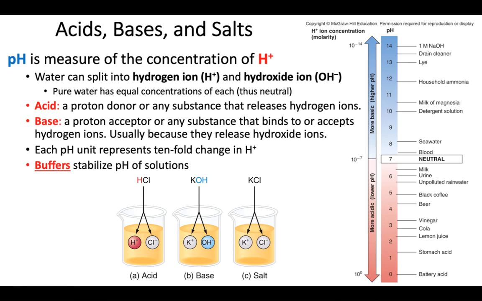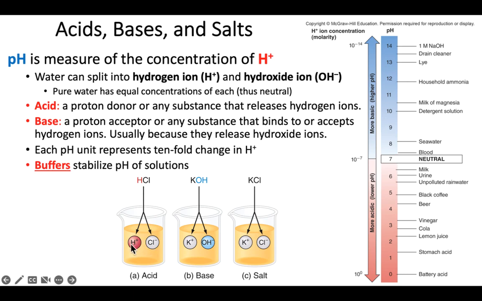All right. Now, what makes you an acid then? If you're an acid, you're a molecule that donates a proton or hydrogen ion into the solution. All right, so notice HCl, that's hydrochloric acid. That's basically the acid in your stomach. When it's in solution, notice what it does.